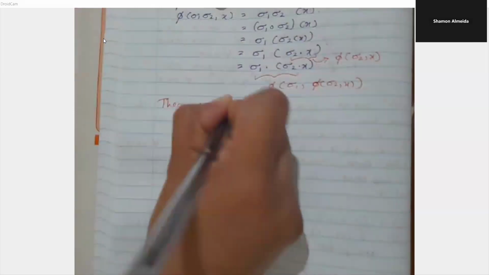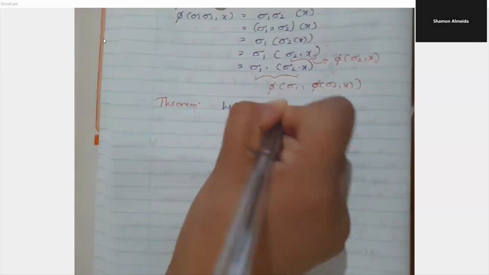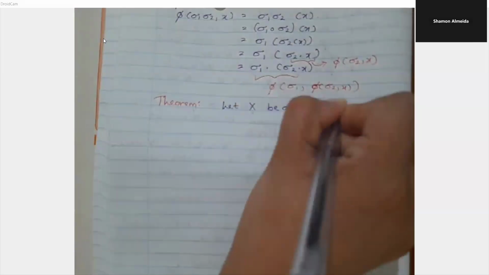Okay, let X be a G set. What does it mean?